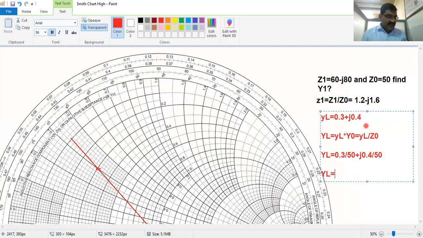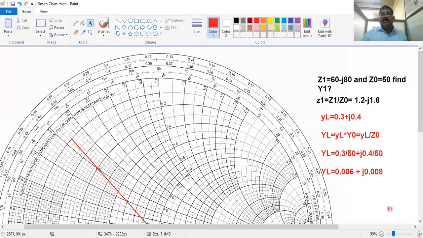Anybody can calculate quickly. This will be 0.006. Am I right? 0.006, yes, correct. I got the correct answer in the chat. So 0.006 plus j 0.008. This is the answer.